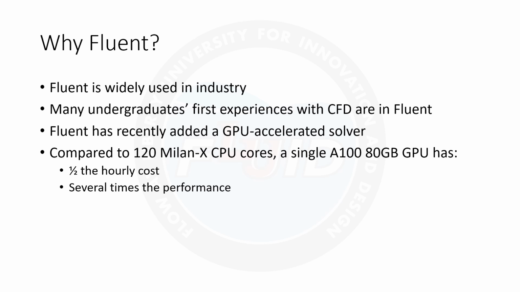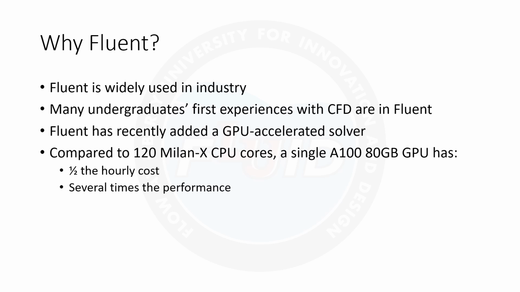So compared to a comparable CPU-based machine that had 120 Milan X CPU cores, and for those of you that aren't knowledgeable on the current hardware, this is essentially the newest high-performance computing hardware AMD has to offer. In comparison, a single A100 80GB GPU, which is one of the highest performance options from NVIDIA, has about half the hourly cost, and yet it provides several times the performance in our experience.